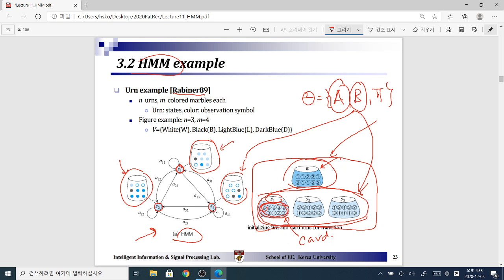Randomly, a person draws a card out of this urn and looks at the number. If it says, say, number 1, because obviously you have a lot more ones compared to the others, he would look into this urn and also pick a card randomly out of this urn.